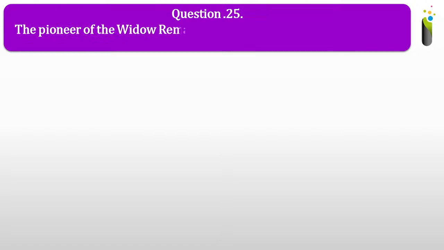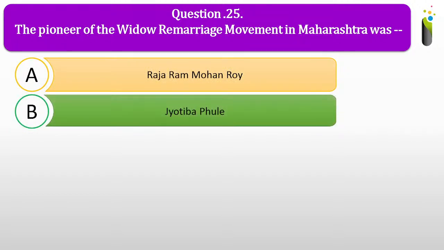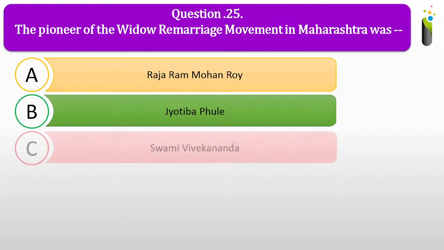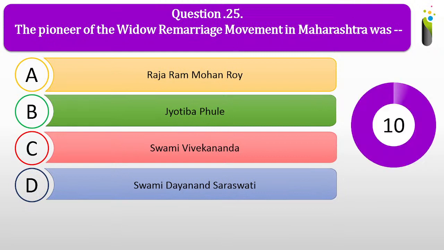Going ahead, question number 25. The pioneer of the widow remarriage movement in Maharashtra was dash. A. Raja Ram Mohan Roy, B. Jyotiba Phule, C. Swami Vivekananda, D. Swami Dayanand Saraswati.